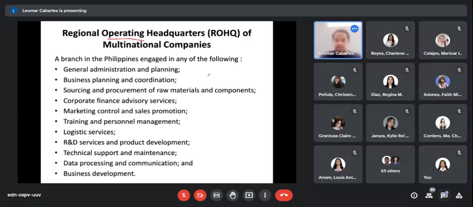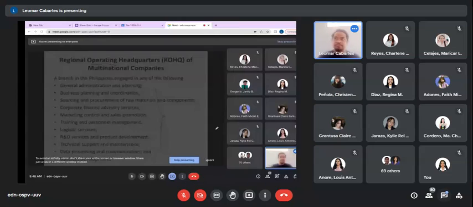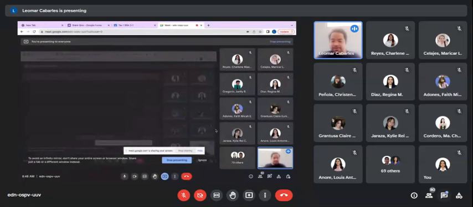But if it is operating already, so meaning it's a branch in these activities, at sa mga activities na to, nag-earn sila ng income. Kasi these are services that they render to different companies within their group. And they earn income from doing so. So since may income na to, may tax na to.